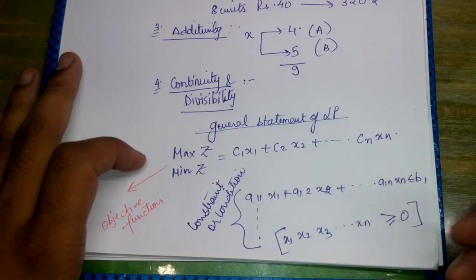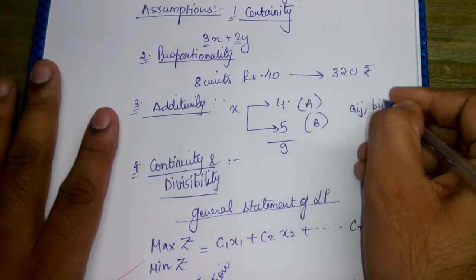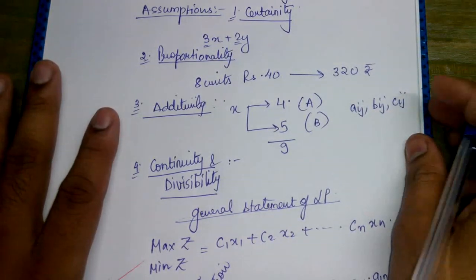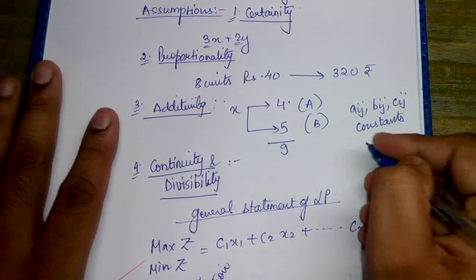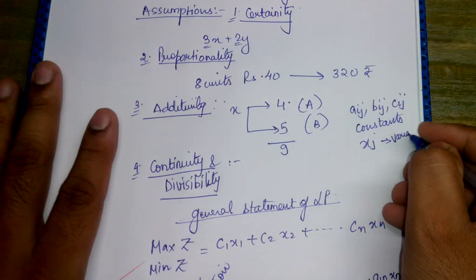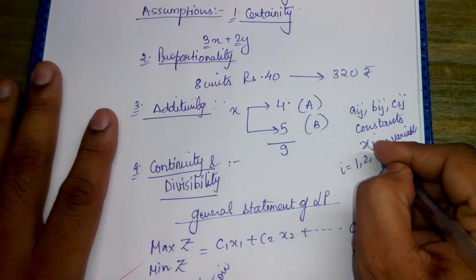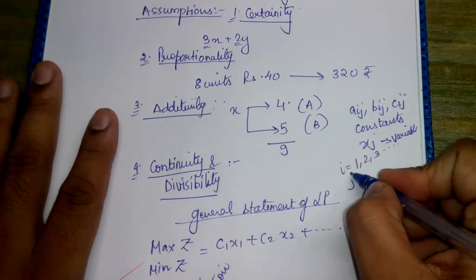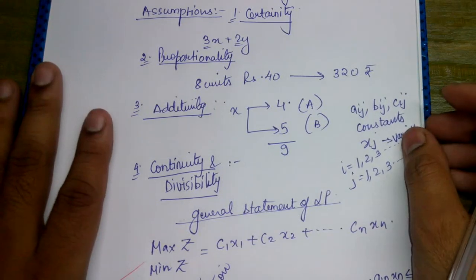Okay, aij, bi, cj, these are actually the constants, and xj is called the variable. Here i can take the values 1, 2, 3 and so on, and j can also take the values 1, 2, 3 and so on.